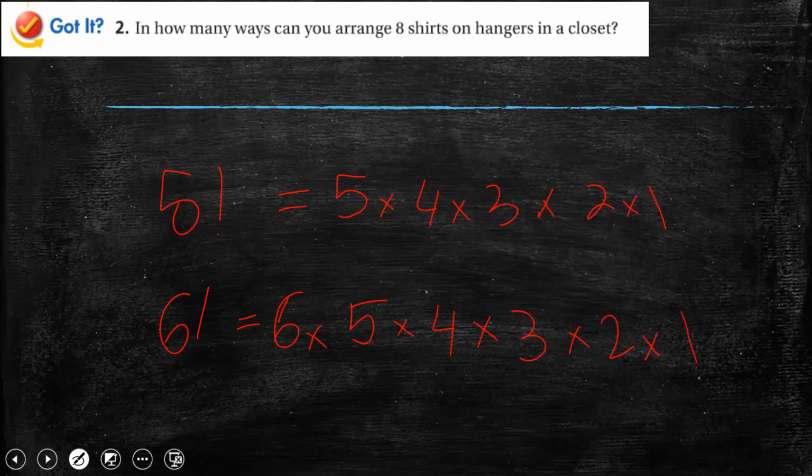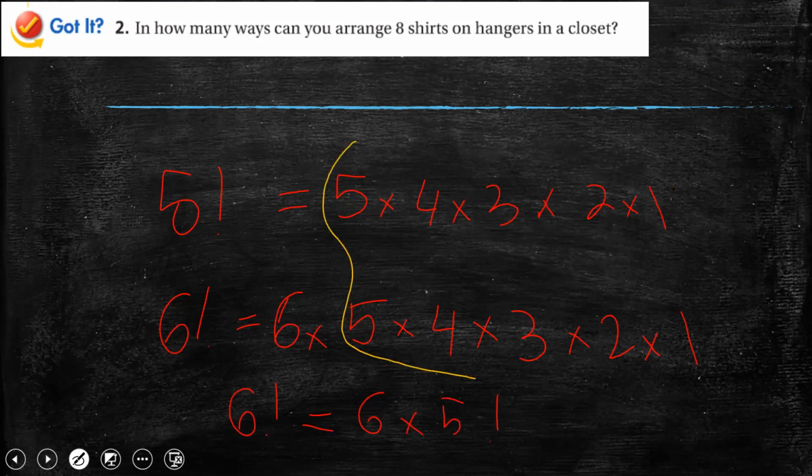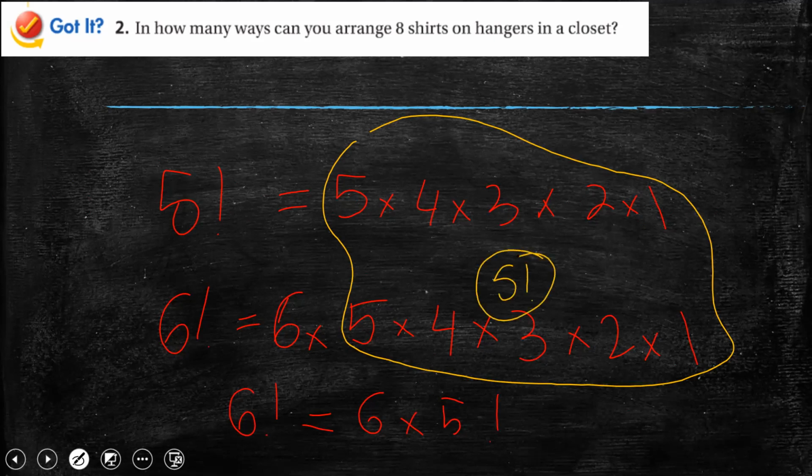Also, you can write 6 factorial as 6 times 5 factorial. Is it right? Look here. They are the same. Just substitute 5 times 4 times 3 times 2 times 1 with 5 factorial. So you can write 6 factorial as 6 times 5 factorial.